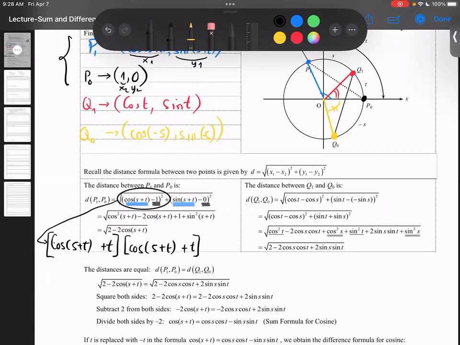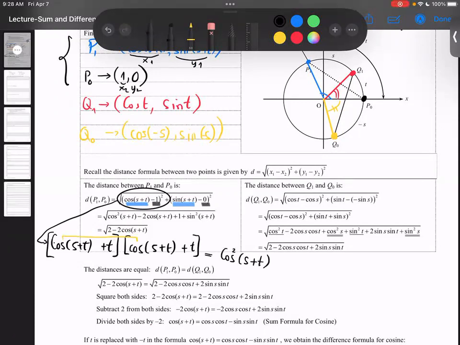Foil it first, right? So cosine s plus t times cosine s plus t is equal to cosine square s plus t, right?